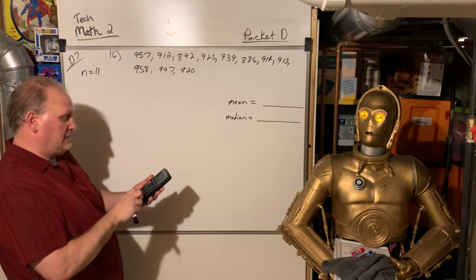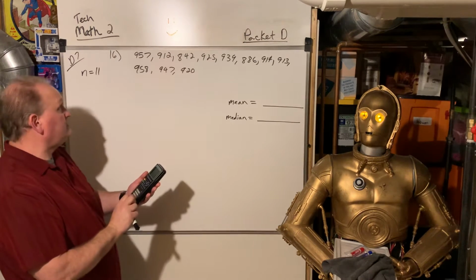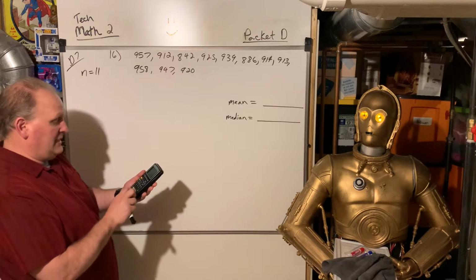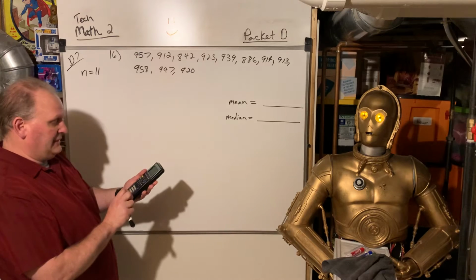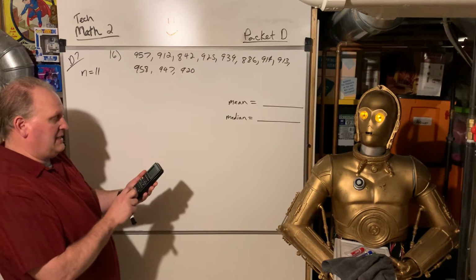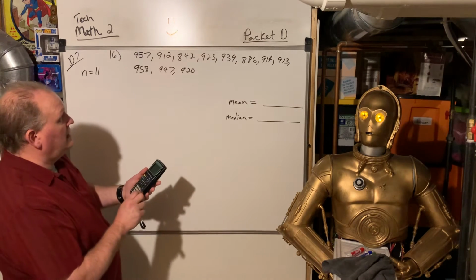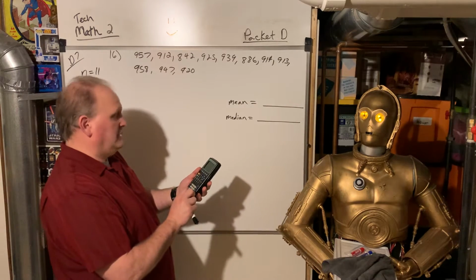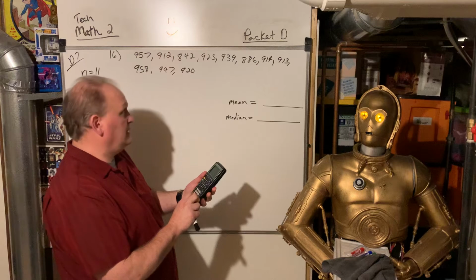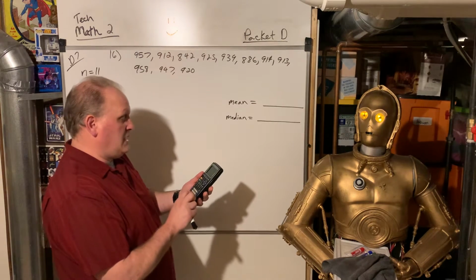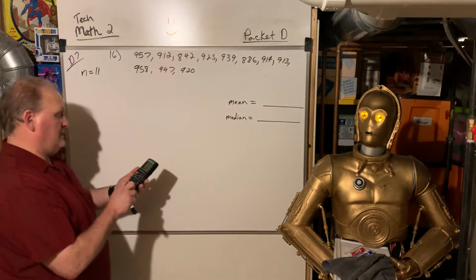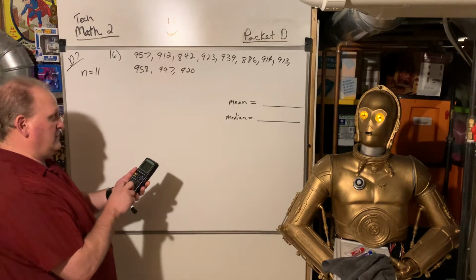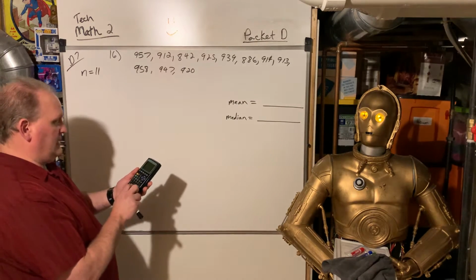957 plus 912 plus 842 plus 925 plus 939 plus 886 plus 914 plus 913 plus 958 plus 947 plus 920.